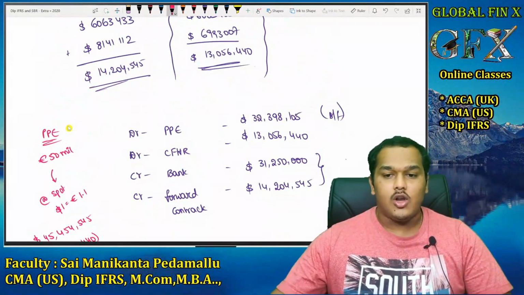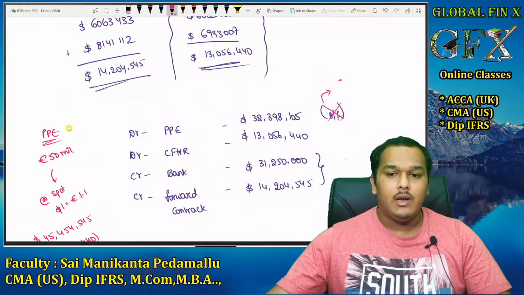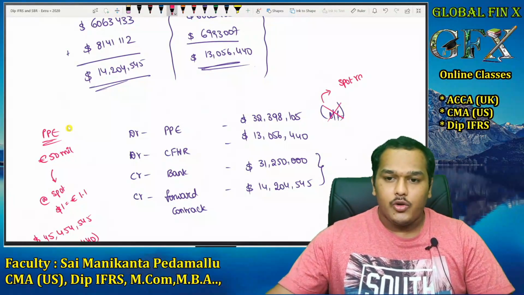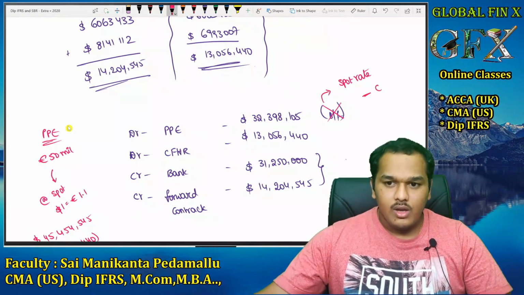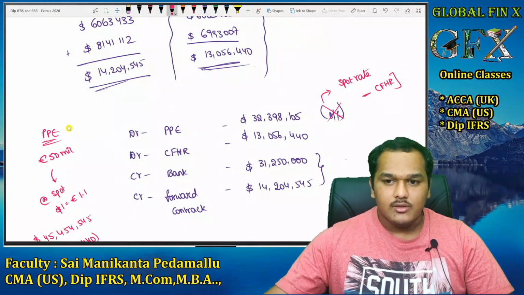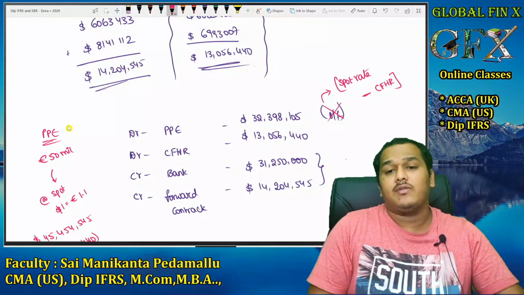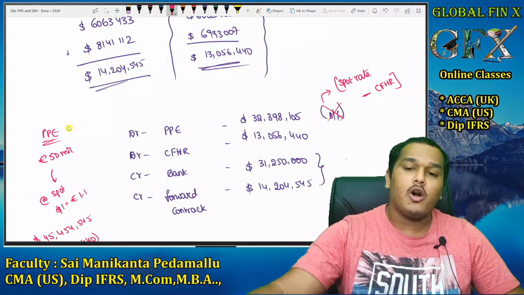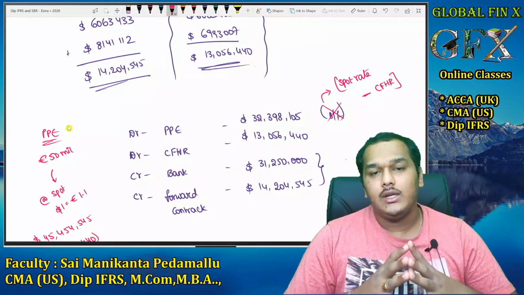This is not just a balancing figure. Your books might say it's a balancing figure, but this is nothing but spot rate minus cash flow hedge reserve. That is, the value of the hedged item using the spot rate minus the cash flow hedge reserve that you have accumulated over the period, right?